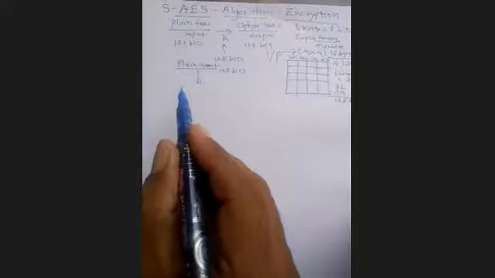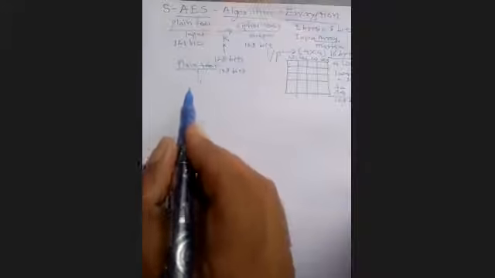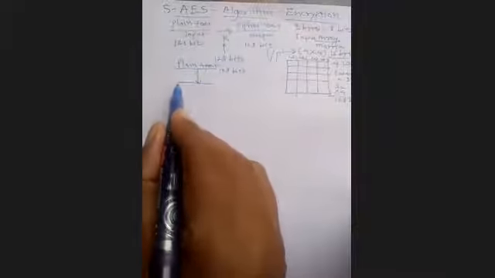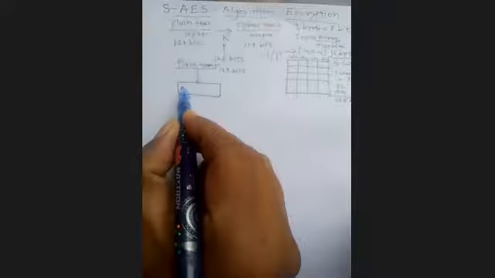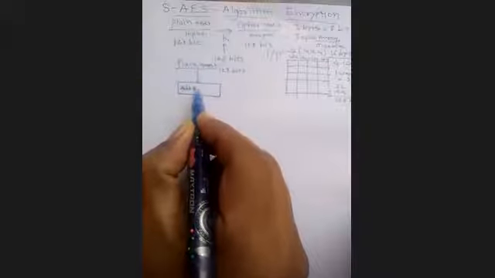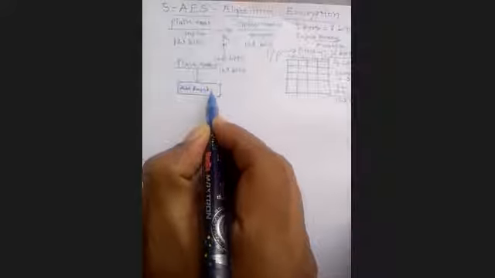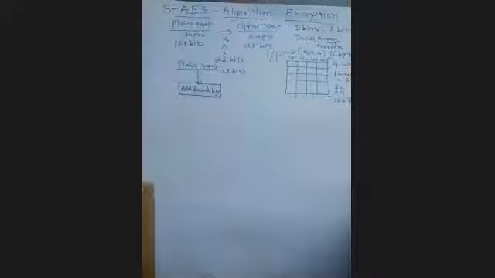So here what they have said is, first you have to transfer to one block. You may say this is one of the events. So here you can say add round key. You have to put this over here first.